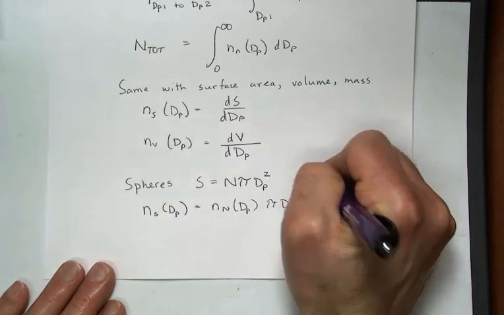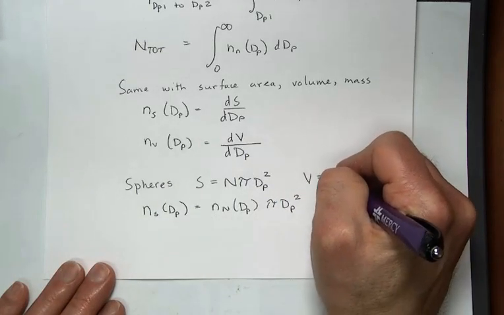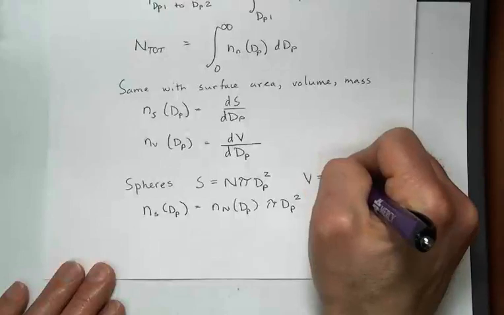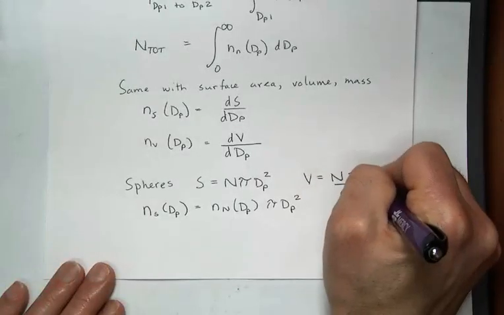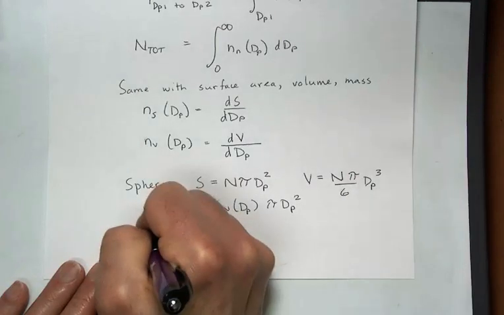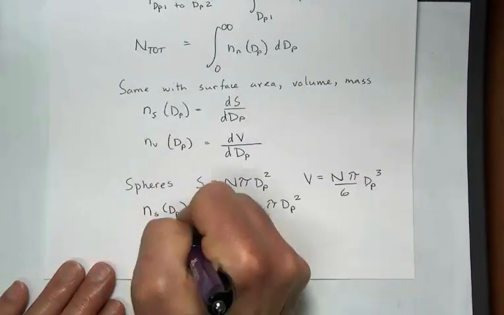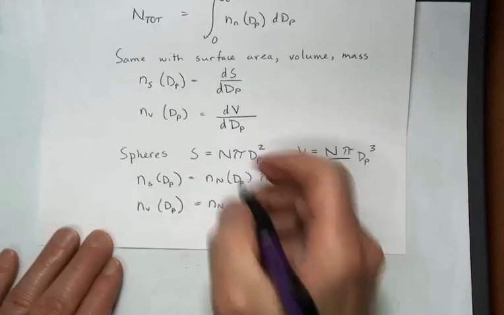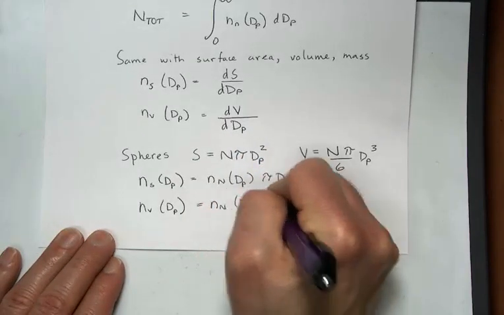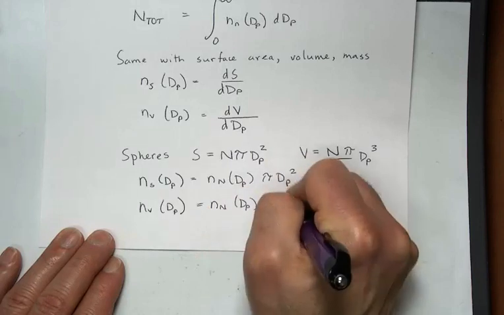Volume for a bunch of spheres is going to be proportional to their number times pi over 6 dp cubed. And so the volume distribution function is proportional to the number distribution function times pi over 6 dp cubed.